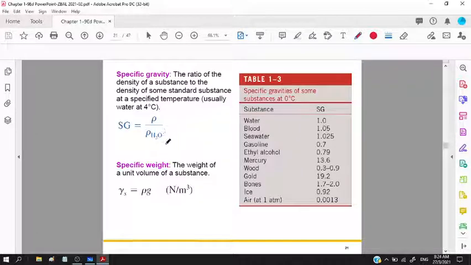This is the definition of specific gravity. If I am not mistaken, in secondary school this is also known as relative density. Next one is the specific weight, which is the density multiplied by the gravitational acceleration. You must know all these formulas.